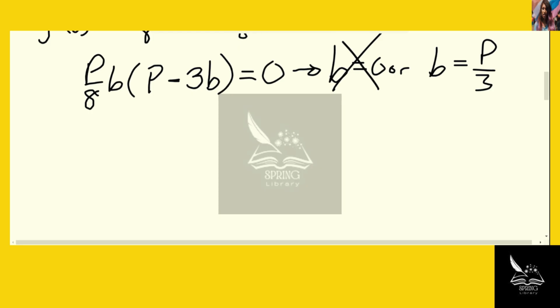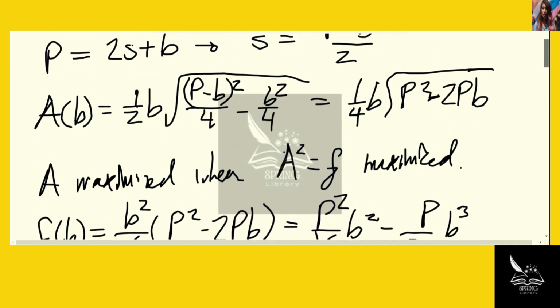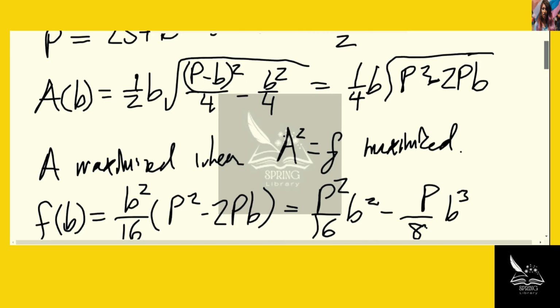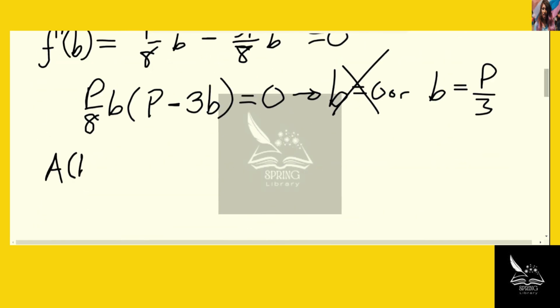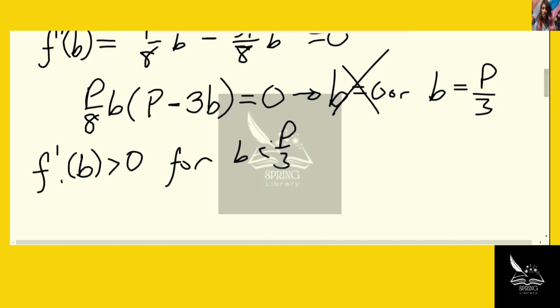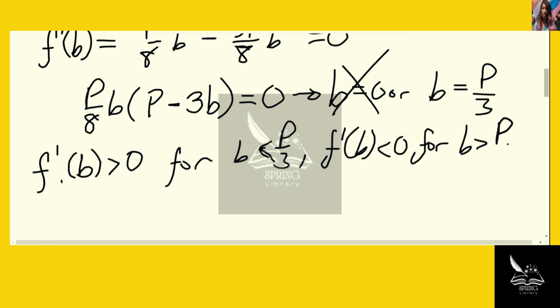Now, looking at F prime of B, F prime of B is going to be greater than 0 for B less than P over 3, and F prime of B is less than 0 for B greater than P over 3.